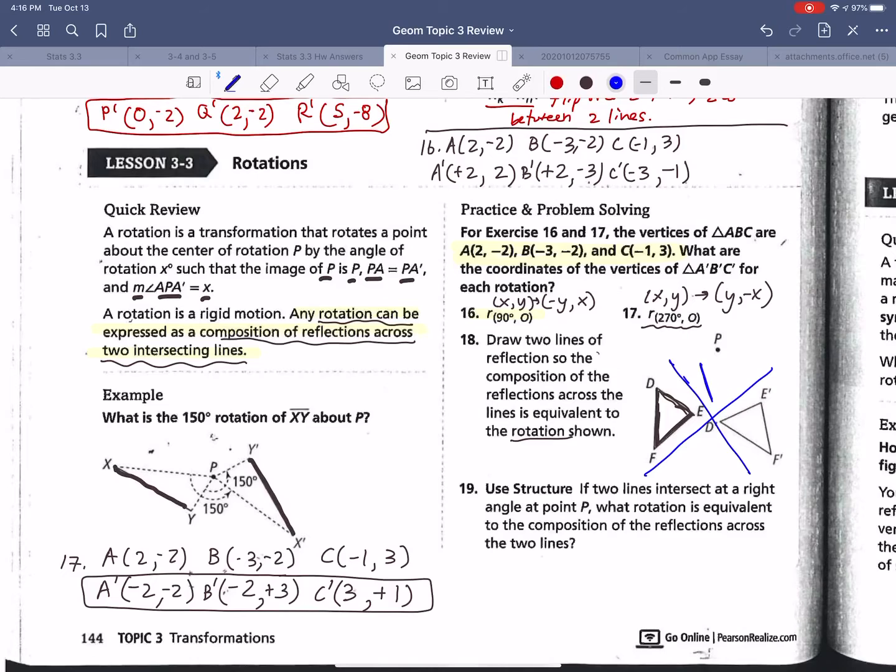And I think if I flip it over this line, that's not looking good. This one's kind of a stumper. We didn't do practice problems like this. So let's see.